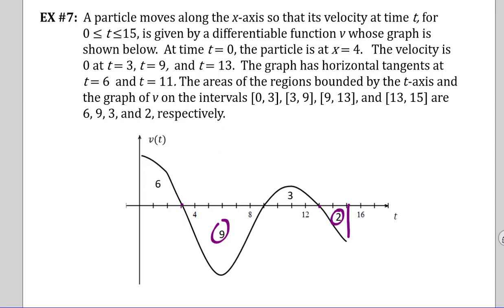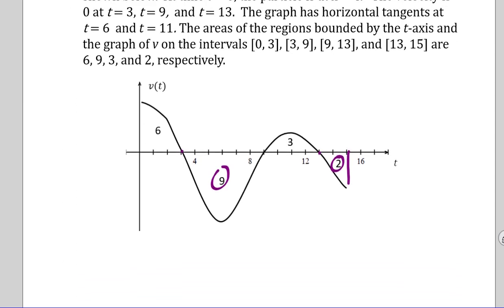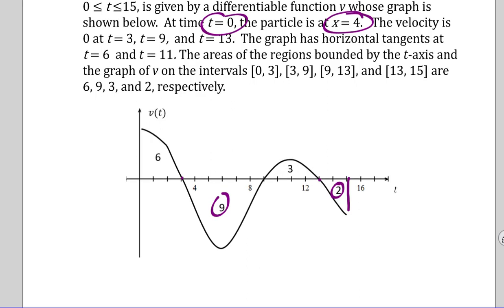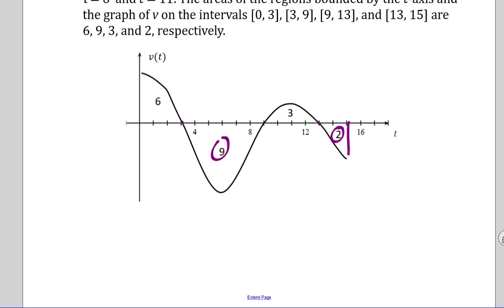The question asks us about the position. So what we're going to do is use our initial condition, which they gave us. At time t equals 0, the particle is at x equals 4. So I can figure out where this thing is at t equals 3.